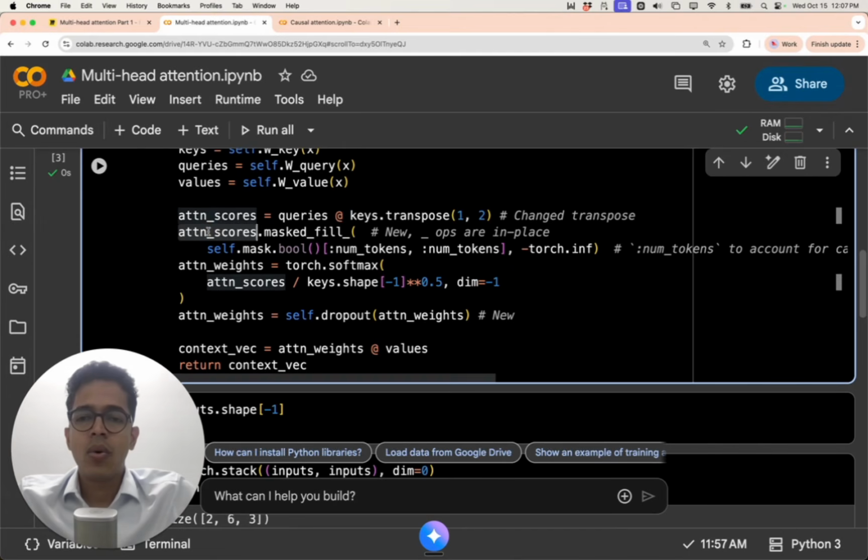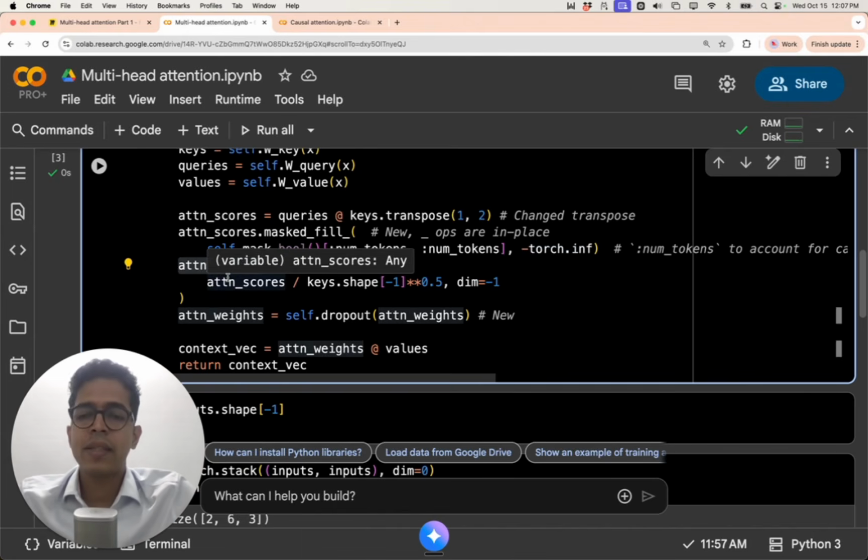Then attention scores, we convert to attention weights. So first we have the mask. In that mask, we are defining torch.inf with a minus sign, which are minus infinity values. And these minus infinity values will be introduced in places where we have the upper triangle. Then attention weight is nothing but softmax of the scaled masked attention scores.